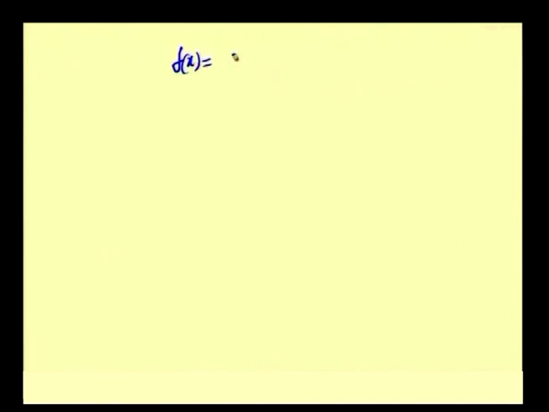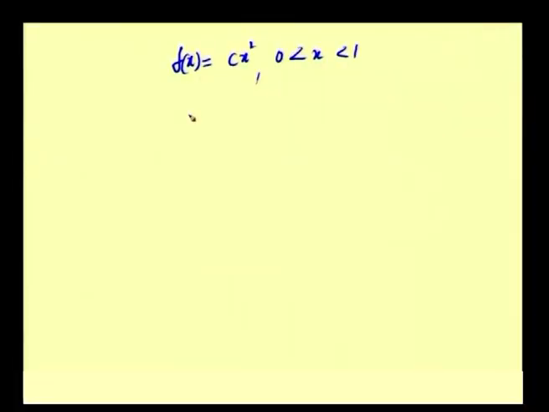F of x is given to be equal to c x square for 0 less than x less than 1. It is 0 in all the other intervals except 0 to 1. So, using the total probability is 1, integral minus infinity to plus infinity f of x dx is equal to 1.